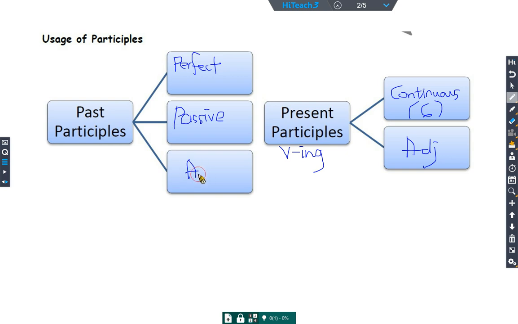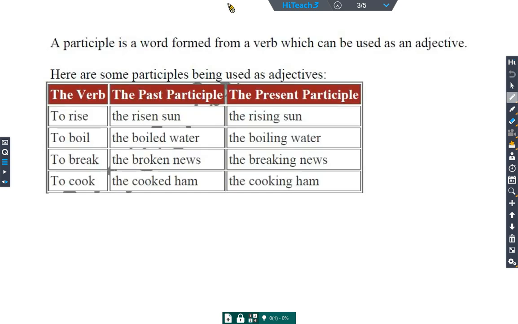It's also used as an adjective. So, there are 3 ways of using past participles and 2 ways of using present participles. Okay, so since both past participle and present participle are used as adjectives, let's see what are the differences.